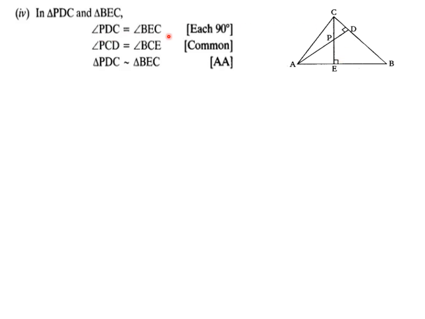So we can say that angle PDC equals angle BEC because they are 90, and angle PCD is equal to angle BCE because they are common. Therefore, by AA similarity criterion, triangle PDC is similar to triangle BEC.